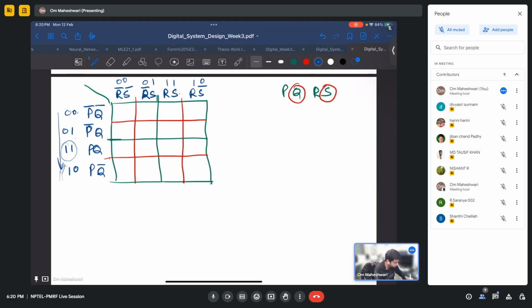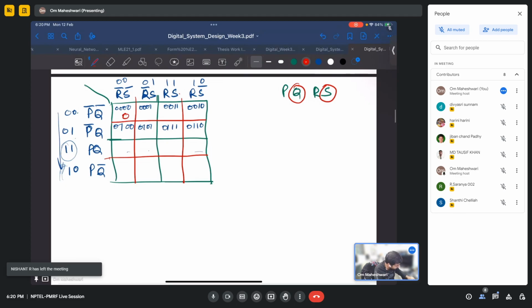Now if you combine these, 0 0 0 0, 0 0 0 1, 0 0 1 1, 0 0 1 0, 0 1 0 0, 0 1 0 1, 0 1 1 1, 0 1 1 0, and so on similarly. If you number it, what it comes out to be is 0, 1, 2, 3, 4, 5, 6, 7, 8, 9, 10, 11, 12, 13, 14 and 15.